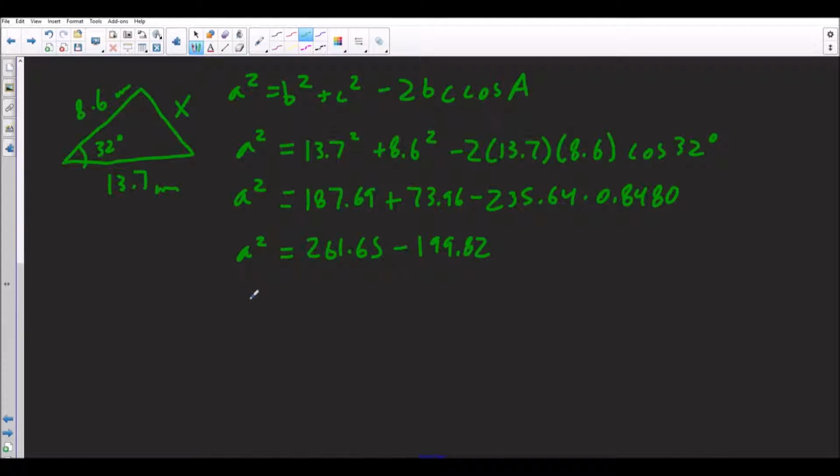So then, let's just write x squared because we're trying to find x. x squared is equal to 61.83. We need to get x by itself, so we're going to get rid of the squared by square rooting each side. So we're going to get x is equal to 7.9 meters. And we found this side of the triangle using the cosine law. So all you do is sub in the things and then use algebra to solve it.